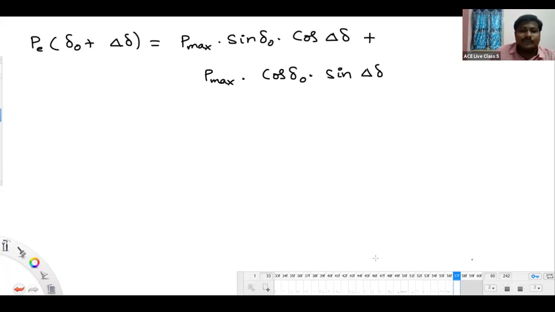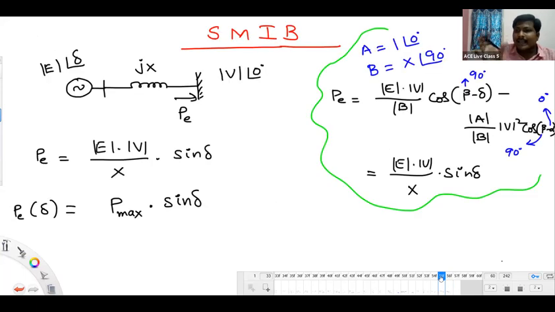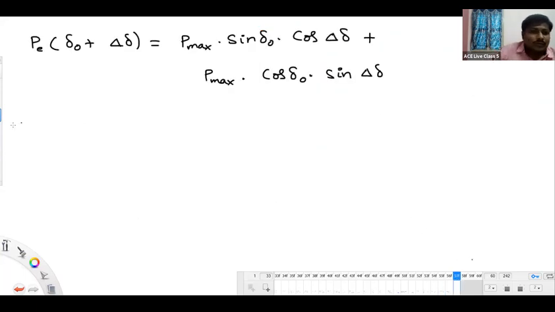Next. See, as we are saying, delta delta is a very small angle. So definitely I can assume delta delta is very small.